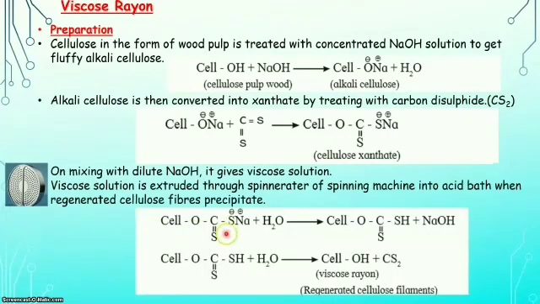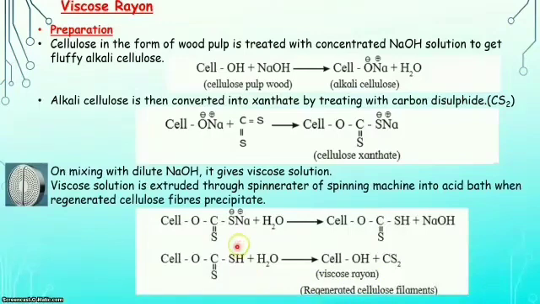This is the reaction where the cellulose xanthate is treated with mineral acid like H2SO4. Here the xanthate group undergoes a hydrolysis process, and that results in the formation of regenerated cellulose, that is viscose rayon.